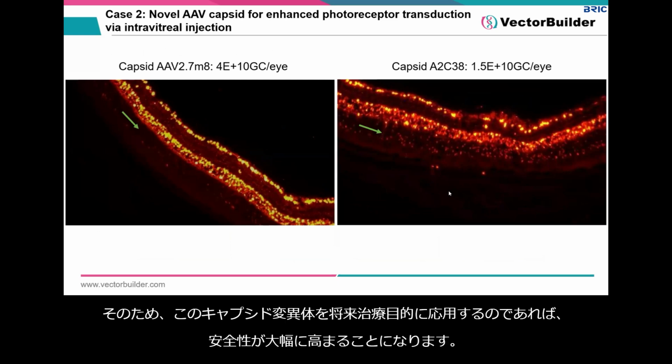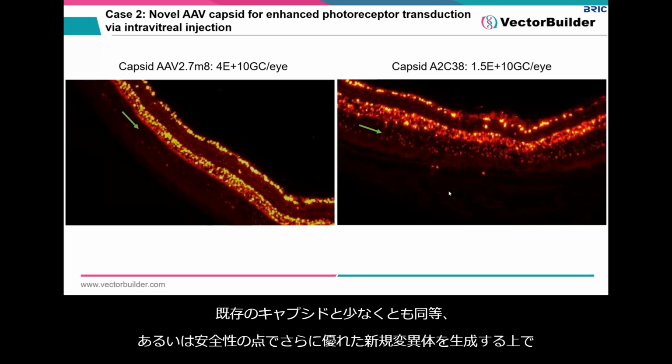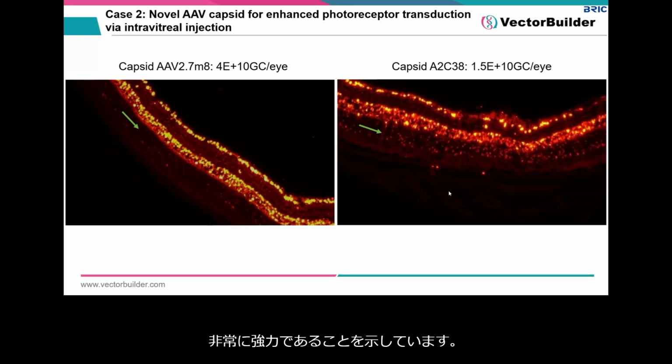So this would greatly enhance the safety of the application of these capsids in the future if therapeutic goals are meant to be pursued with these capsid mutants. This case also shows that our platform is very powerful to generate novel mutants that are, you know, at least on par with existing mutants, or even better in terms of safety, during novel capsid discovery.